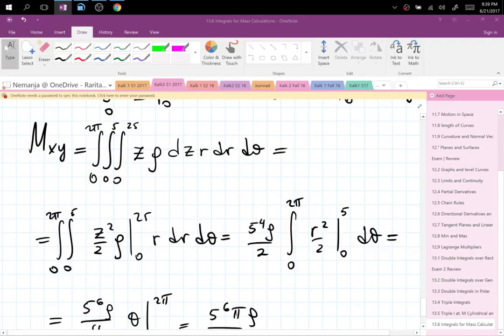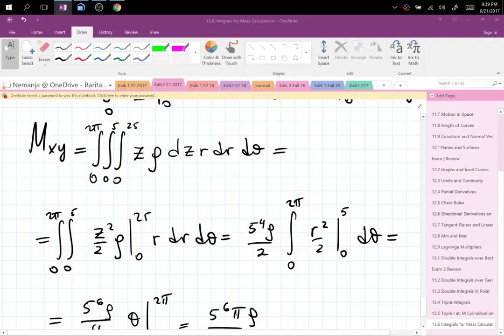So you have a z squared over 2, plug in 25, that's 25 squared, which gives me 5 to the 4th rho over 2, that's good. And then we have r squared over 2.